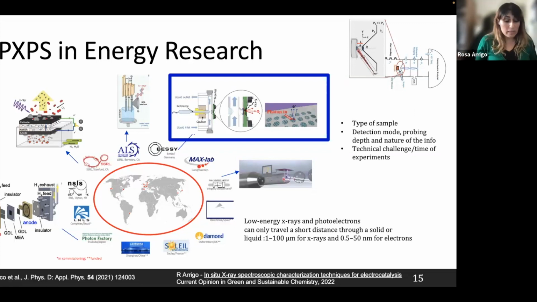Now, this technique is quite established for studying the solid-gas interface, but for the liquid-solid interface, of course, this is even a bigger challenge.